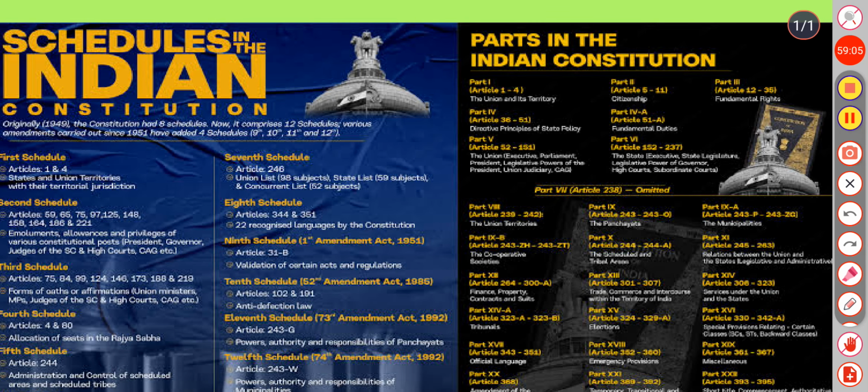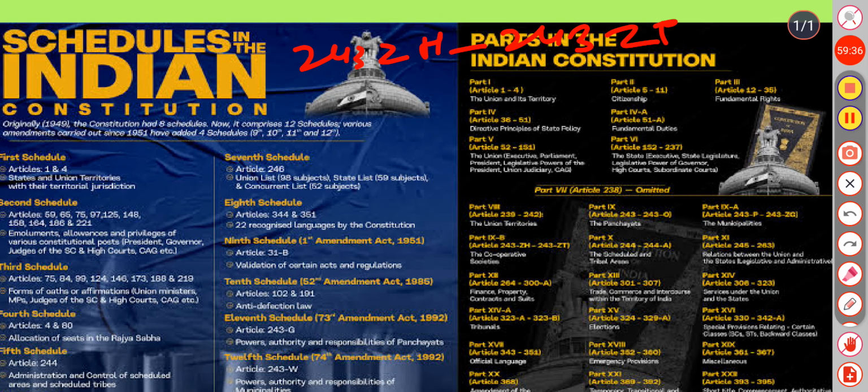So under this part, there is 243ZH to 243ZT, right? ZT. So this is the article range you have to cover under this. So under this, the cooperative societies are covered, right?